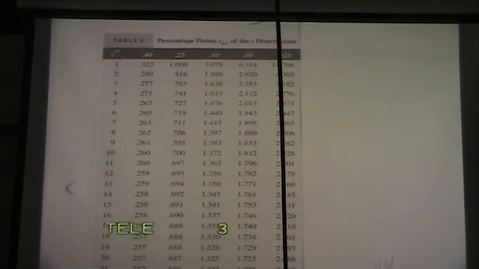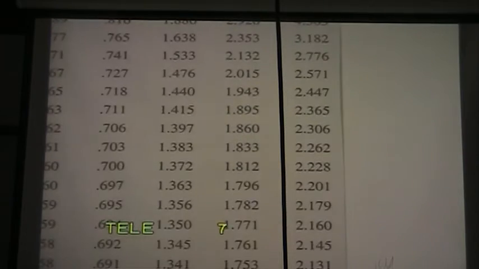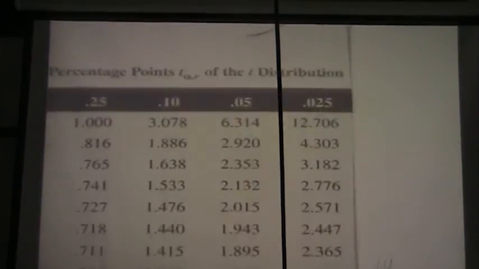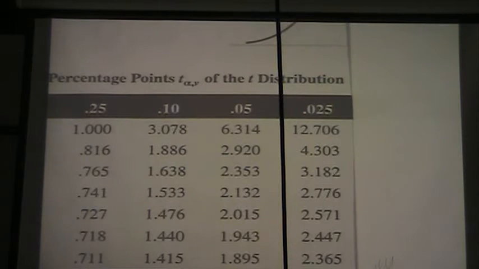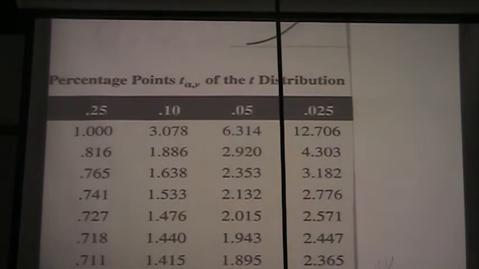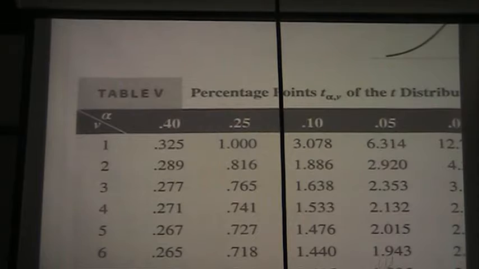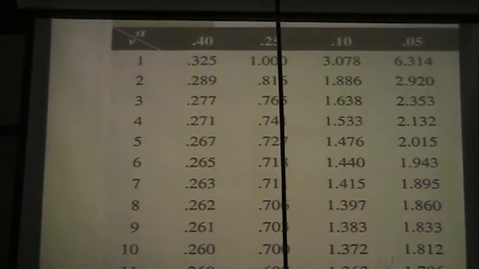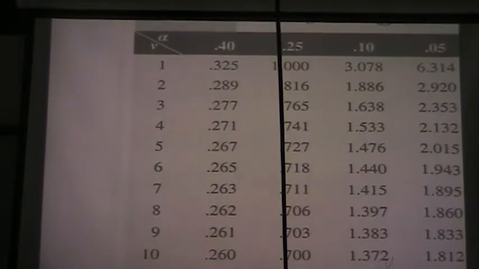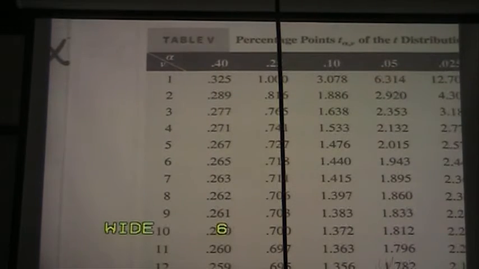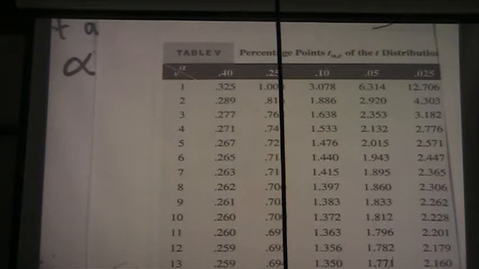Oh, here. Okay, I went a little too wild. We can't see. Or maybe we can if I move this over. All right, I'm going to have to break down and make it a little wider. All right, there you go.